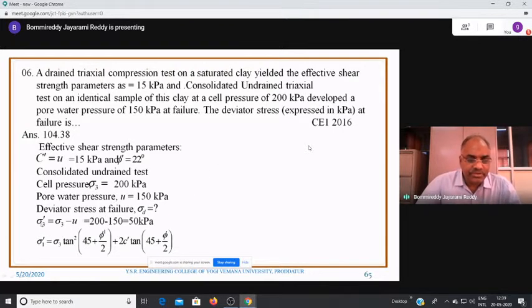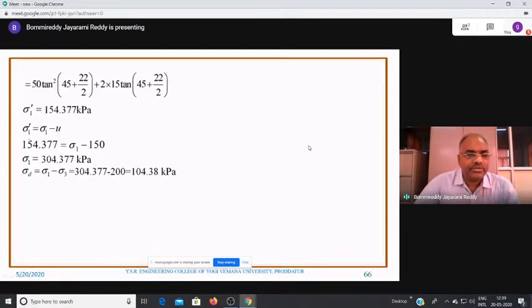You know that sigma 3 effective is sigma 3 minus U, where sigma 3 is 200 and U is 150, so 50. In this particular case, sigma 1 dashed equals sigma 3 dashed tan square alpha plus 2c tan alpha, and substitute the various parameters. If all the parameters are known, you will get sigma 1 dashed.